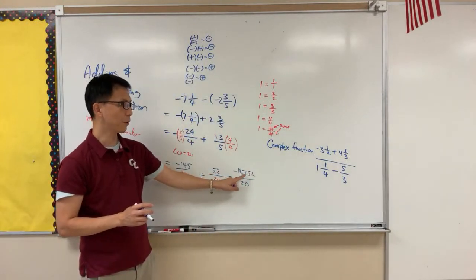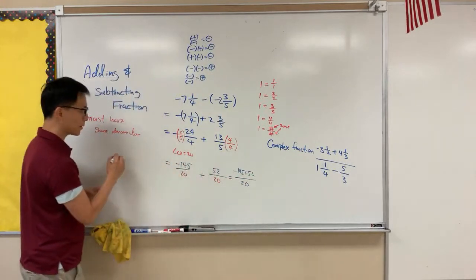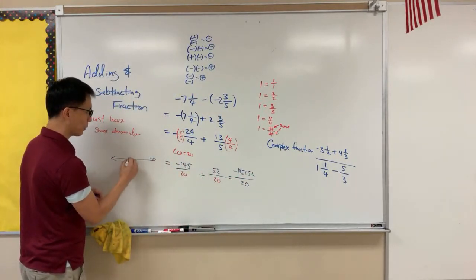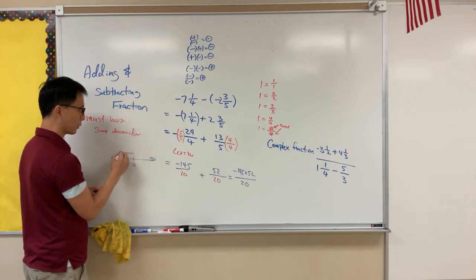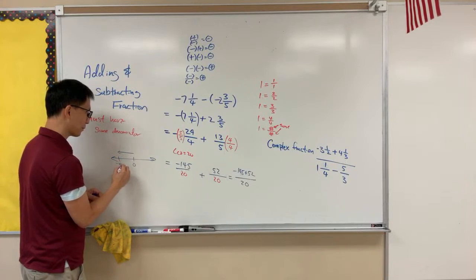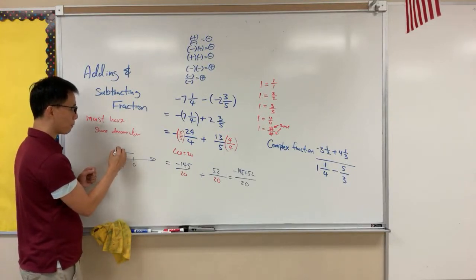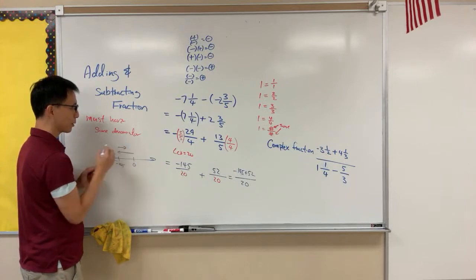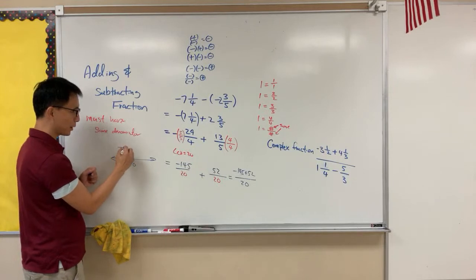Negative 145 plus 52, a lot of you have trouble with this type of thing. So I'm going to draw a number line, starting with 0. I'm going to go to negative 145. Now you don't need to draw it to scale. Adding means I'm going to go right. So I take the final distance from here to here.